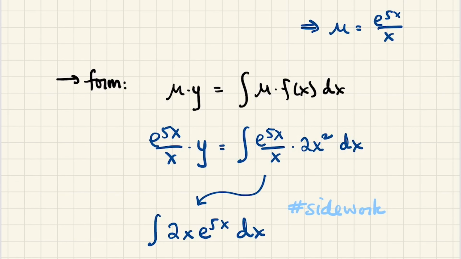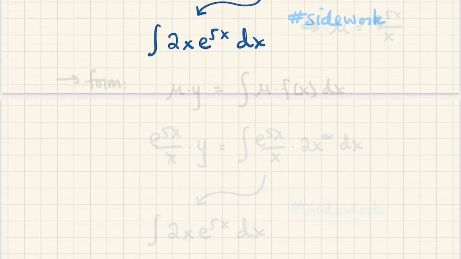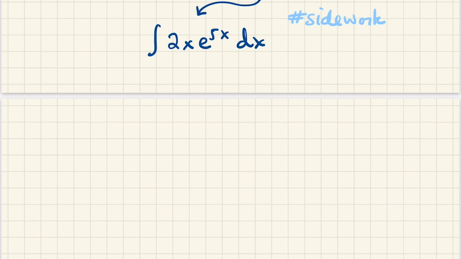And hopefully you're looking at that and one thing comes to mind, which is integration by parts. So let's do that. So remember, with integration by parts, there's a mnemonic, LIATE, for assigning the variable u.